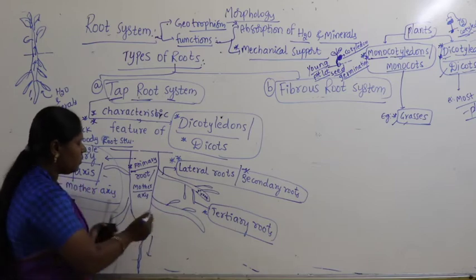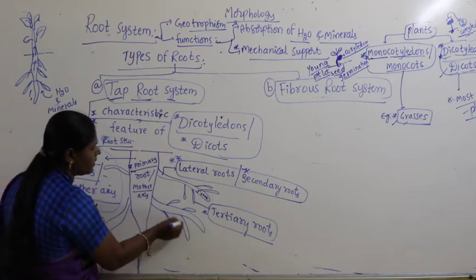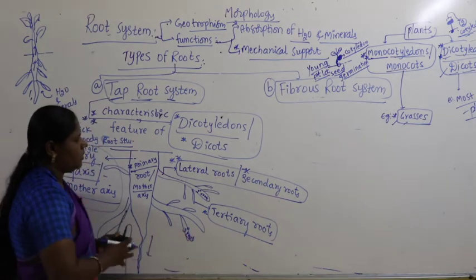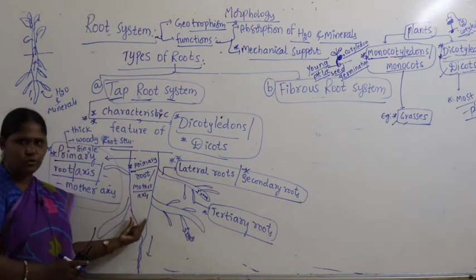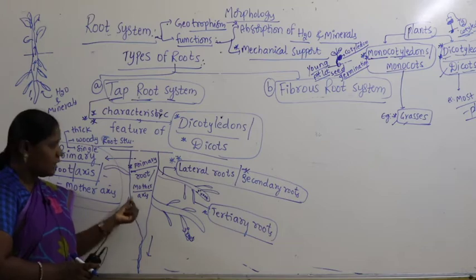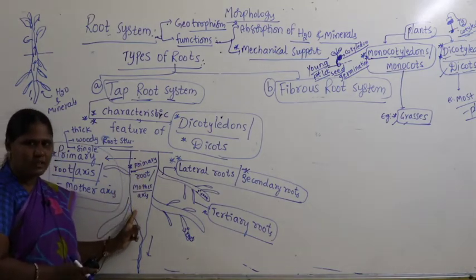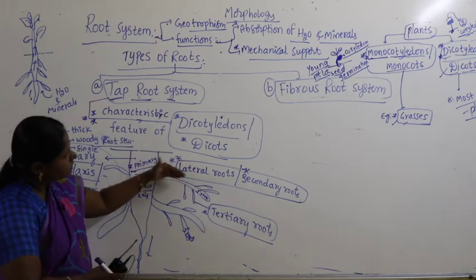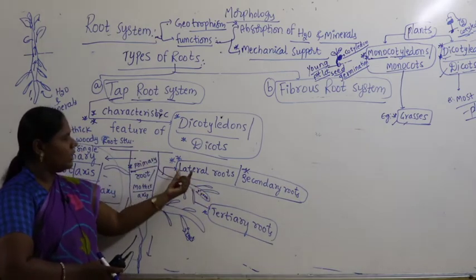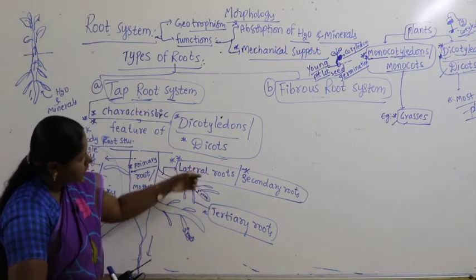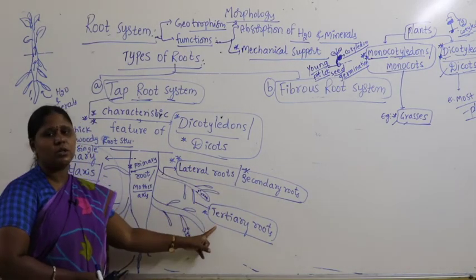From the secondary roots, you can find some more roots coming out. They are nothing but tertiary roots. The first formed one, the main axis, thick and woody, is called the primary root or mother axis. From the mother axis, what comes out is a lateral root. A lateral root is also called a secondary root. From the secondary root, what comes out is called tertiary roots.